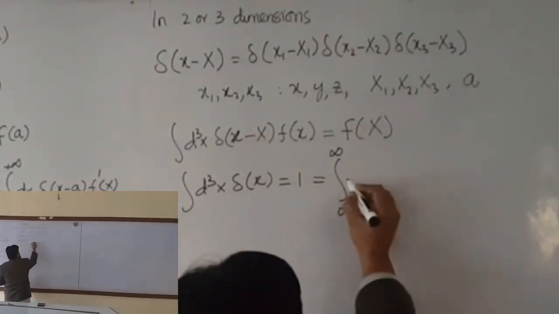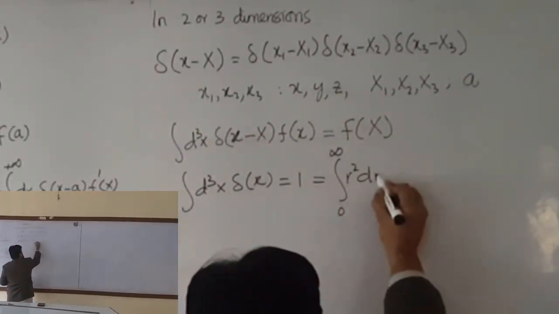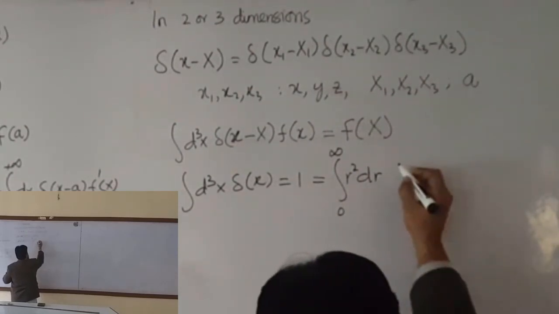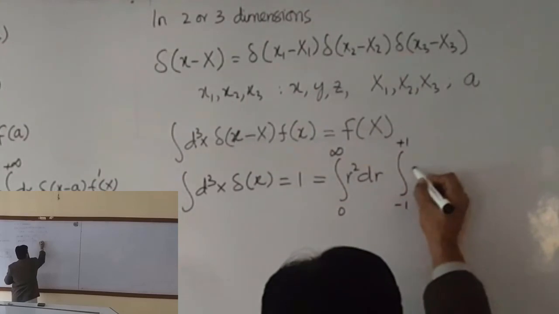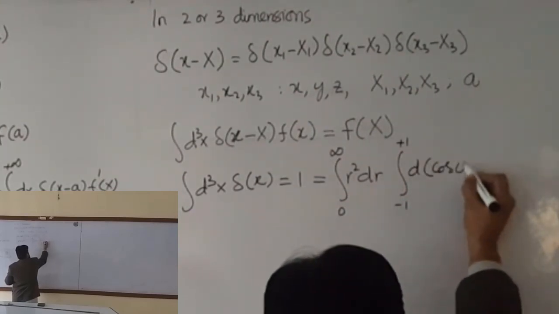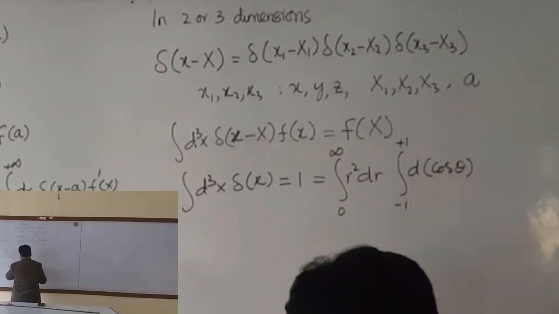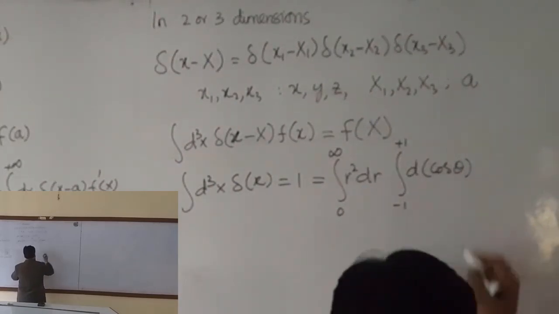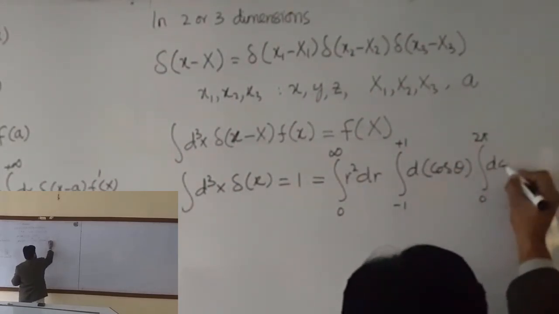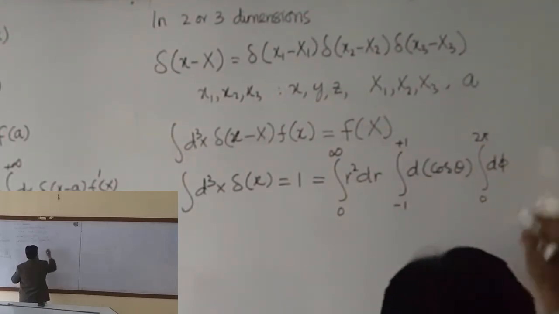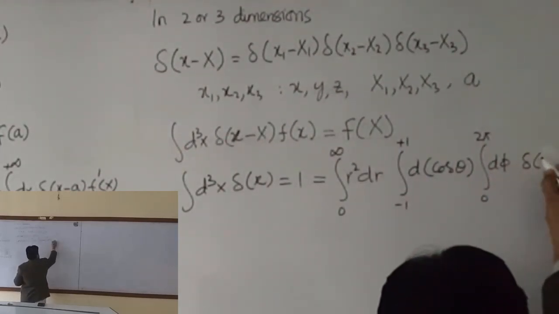Then the volume element is r squared dr, and I can write from minus 1 to plus 1 d of cos theta. Now this is a bit new for you, so I will explain this. And 0 to 2 pi d phi. And then here is delta(x).